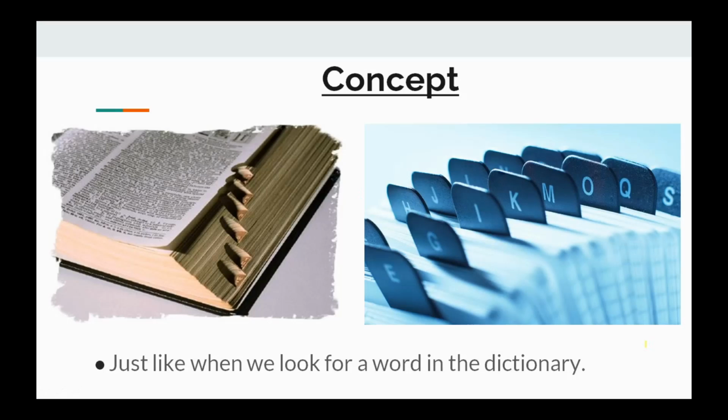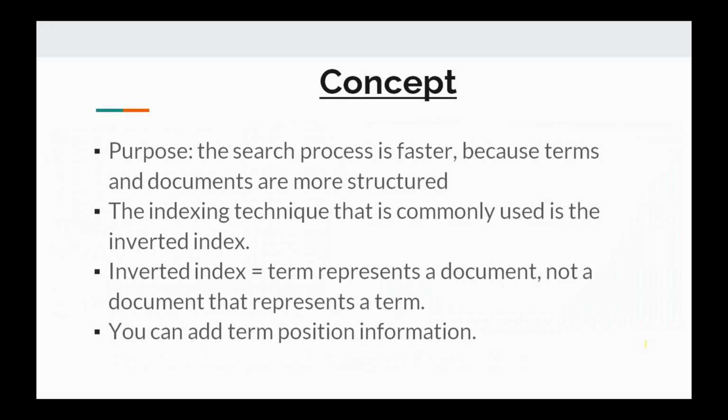The concept of indexing is the same as looking up the meaning of a word in a dictionary. For example, when we search for the meaning of mobile, we immediately search starting from the index letter M in our dictionary instead of starting from A. The purpose of indexing is to make the search process faster, because terms, which means features or words, and documents are more structured.